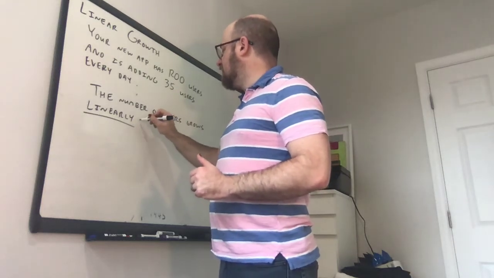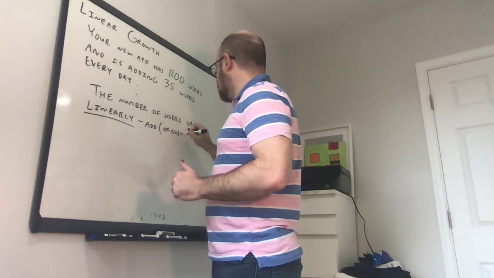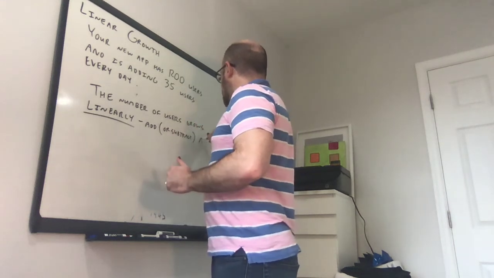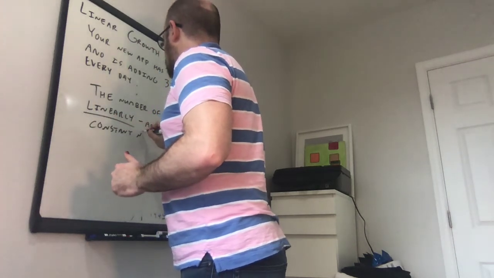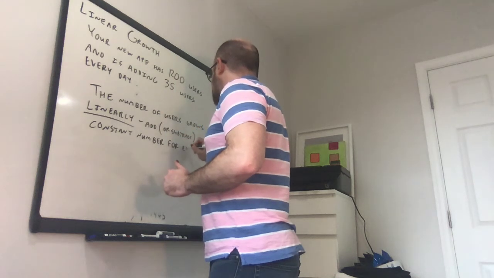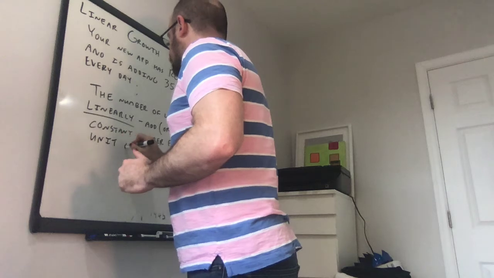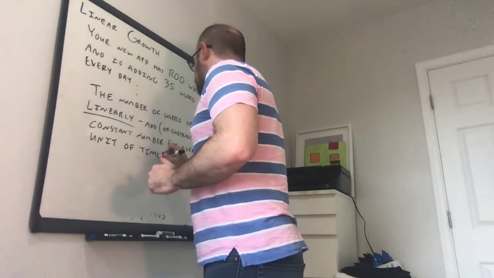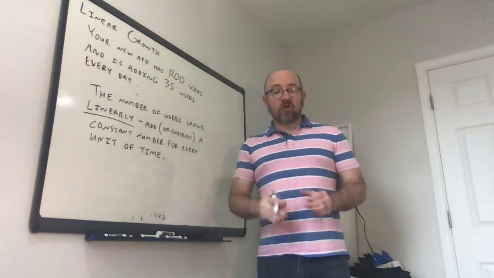Okay, so the number of users grows linearly. What that means is that we add or possibly subtract a constant number for every unit of time. Okay, so each day we're adding on 35 users.